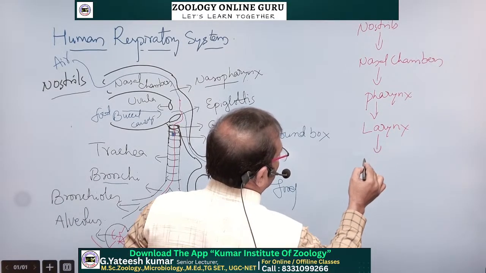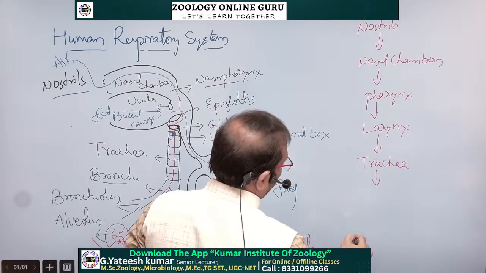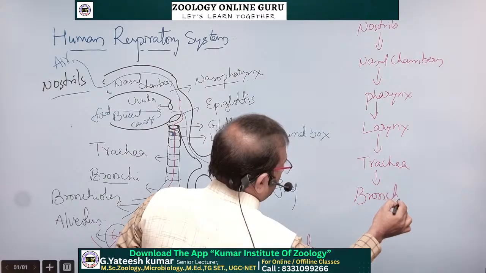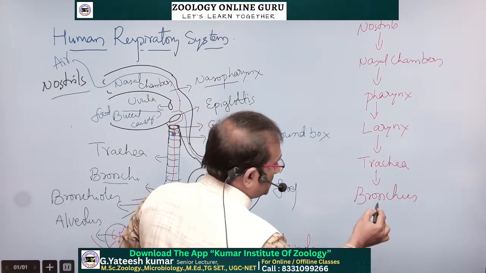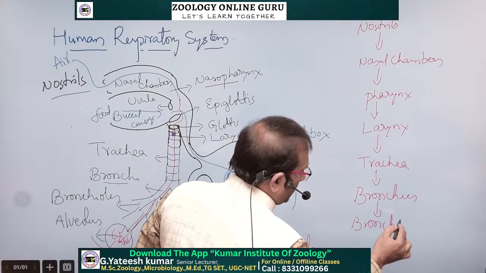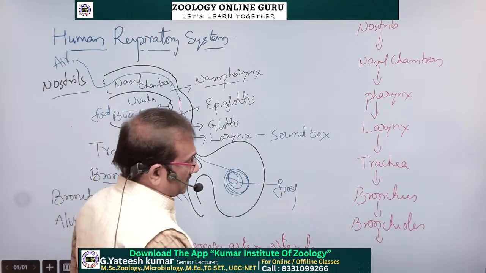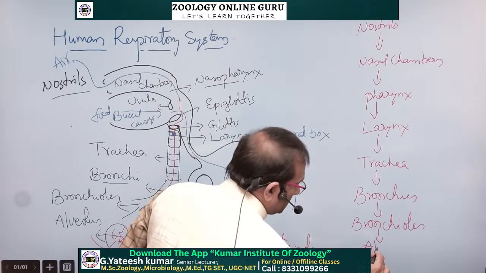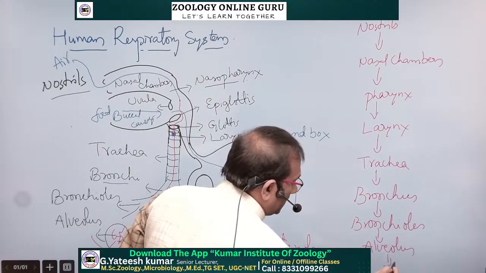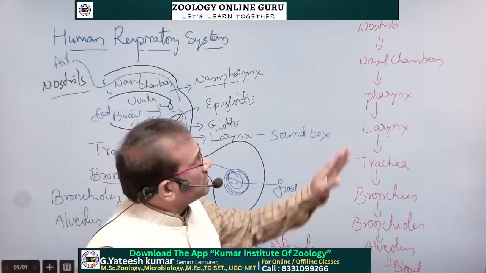Then trachea. Then bronchi, or bronchus in the singular. From the bronchus, bronchioles. From the bronchioles, it reaches alveolus, and then enters into blood. This is the one way, from the outside to inside.